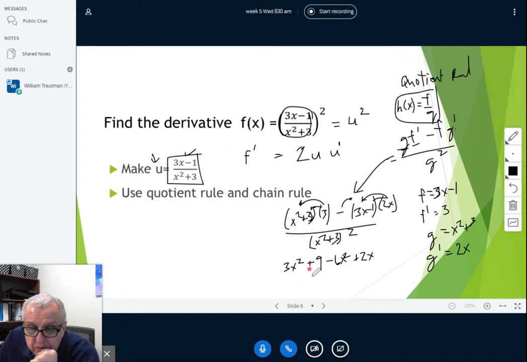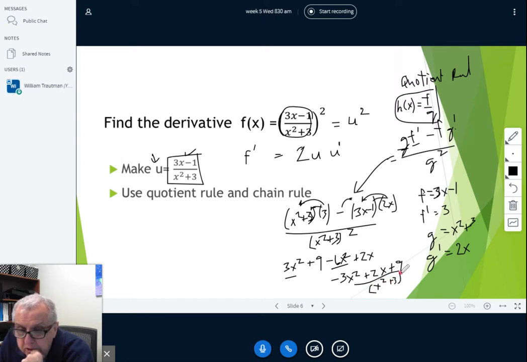So if I combine like terms, I end up with negative 3x squared plus 2x plus 9. Okay, so that's my top, and my bottom is that x squared plus 3 squared.